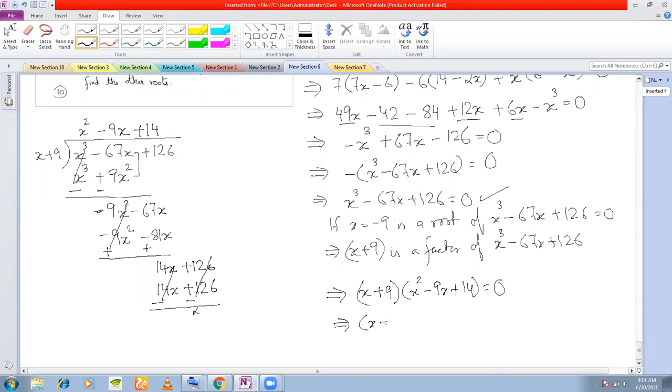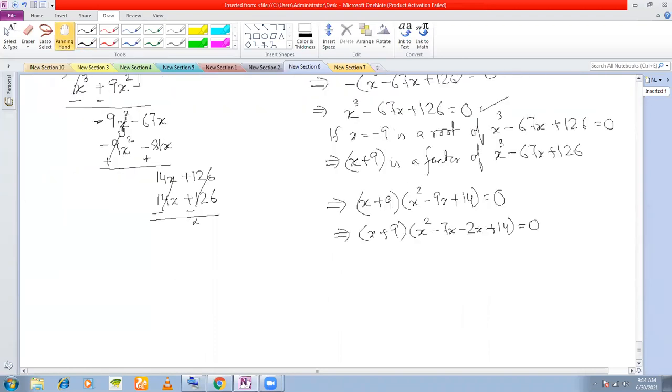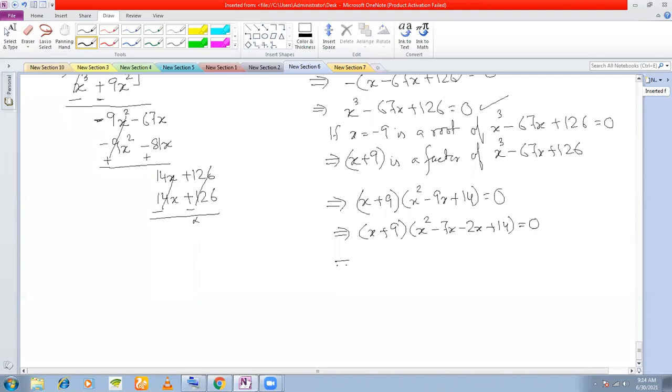You get x plus 9, x square minus 9x plus 14. This can further be factorized here. x square minus 7x minus 2x plus 14 equal to 0. So you get x plus 9 into x minus 7 minus 2 into x minus 7 is equal to 0.